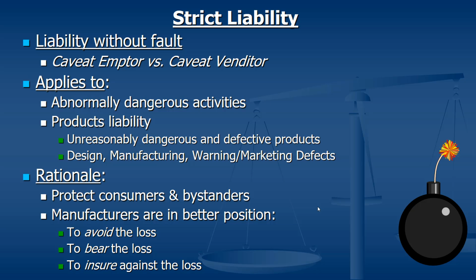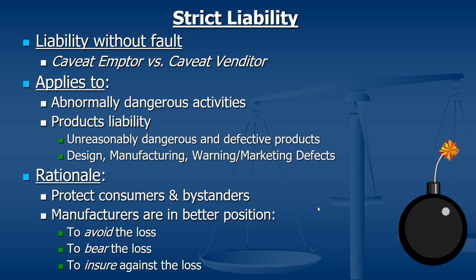And we're going to see that it applies primarily to really dangerous activities, or in the product liability context, unreasonably dangerous and defective products. Things that may have a defect in their design, in their manufacturing, or in their failing to warn, or in their marketing.